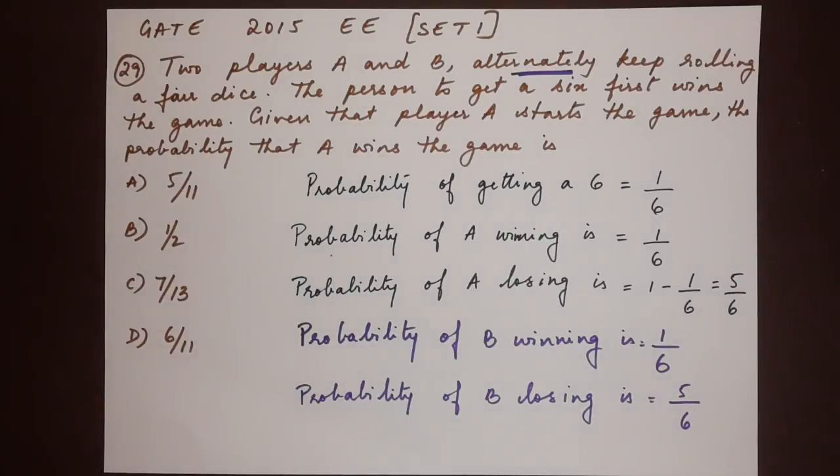Now the question says that A starts the game. So if A starts the game, he has the first chance of winning or losing. So since he has the first chance of winning, we will have to calculate a series of alternate probabilities. I'll put down the formula over here.